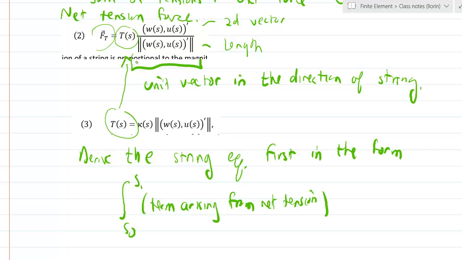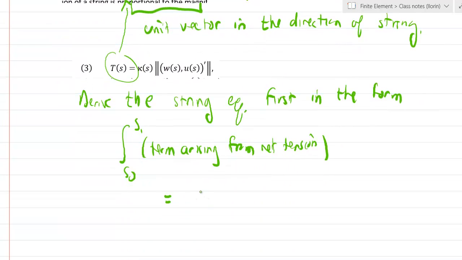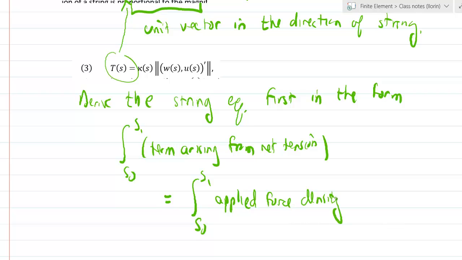You'll have to add those two tension forces together, and you can notice that they oppose each other. You see, this is an opposing force, but they do not quite cancel. So we're going to have a difference there. Is equal to the integral from S0 to S1 of the applied force density, and then plus the restoring force.